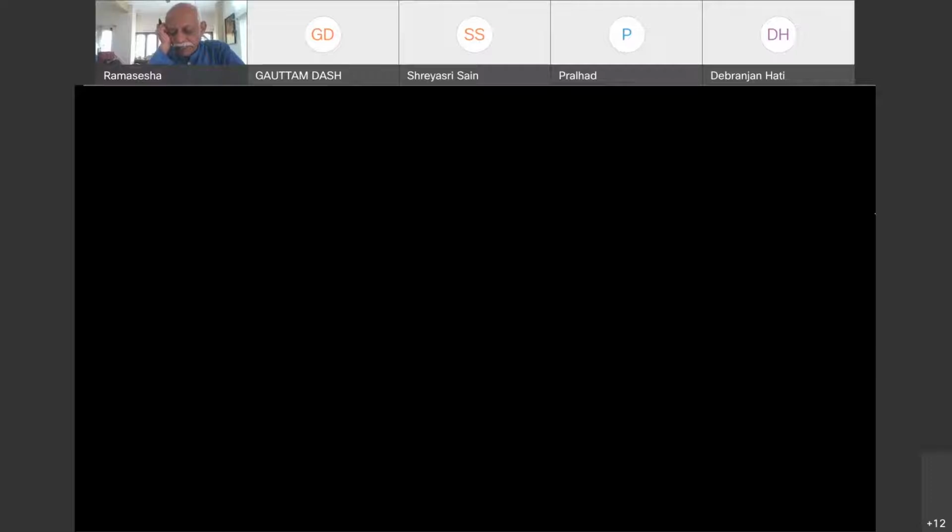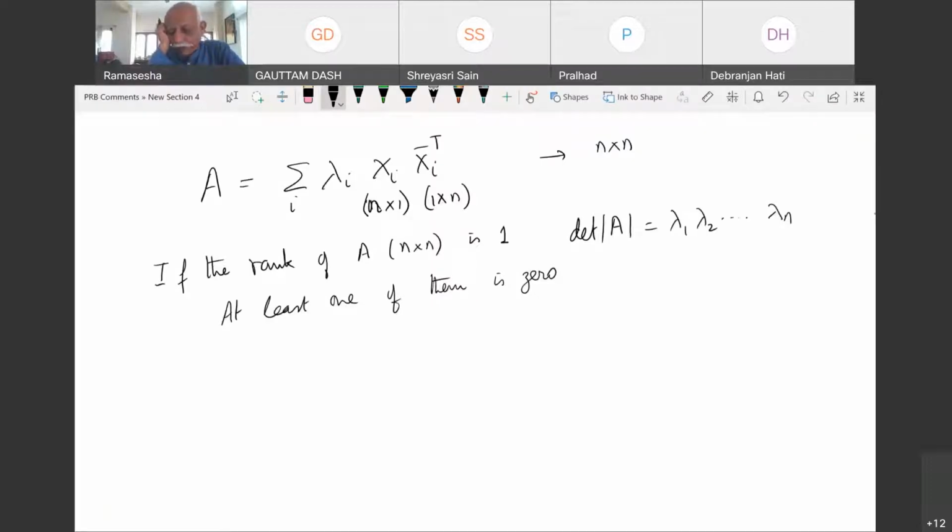But if the matrix A has rank 1, how many eigenvalues must be 0? If it is an n by n matrix and it is rank 1, then only one eigenvalue is non-zero.